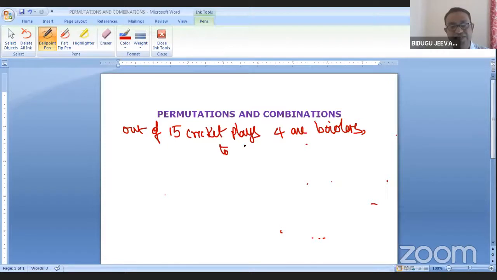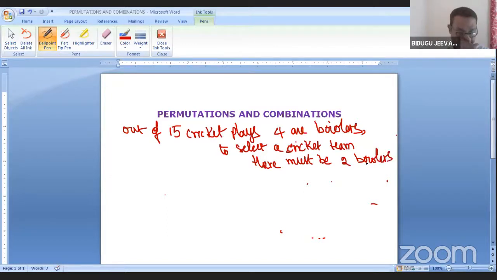To select a cricket team, there must be 2 bowlers. How many number of ways can you select? Can you tell me the answer? Procedure?